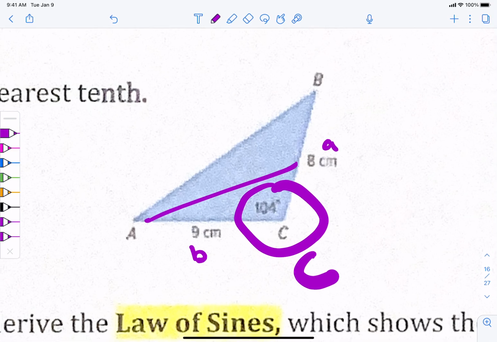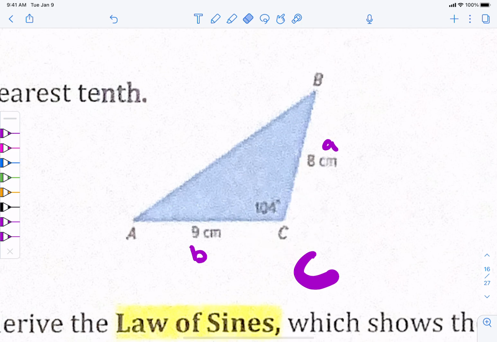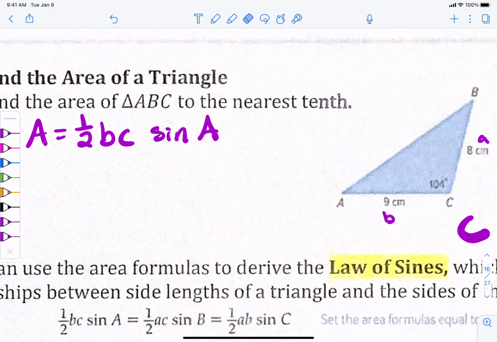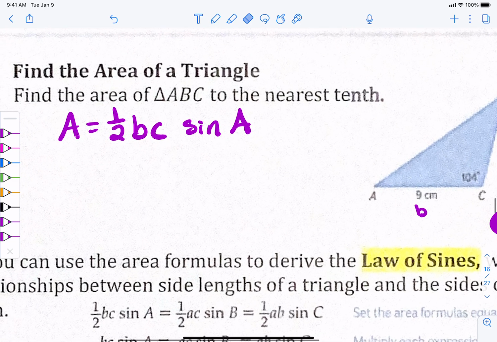Because it's opposite A. This one's opposite B. So now we have lowercase a, lowercase b, and capital C. But our formula is lowercase b, lowercase c, capital A. It doesn't matter what we name them, just as long as these two sides are not the same as that angle. Does that make sense?